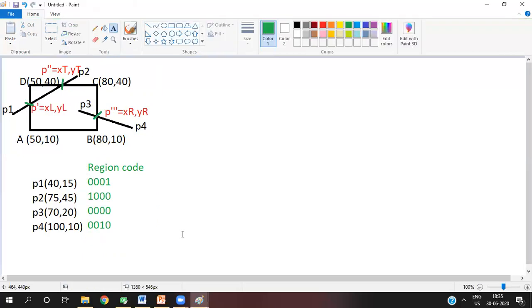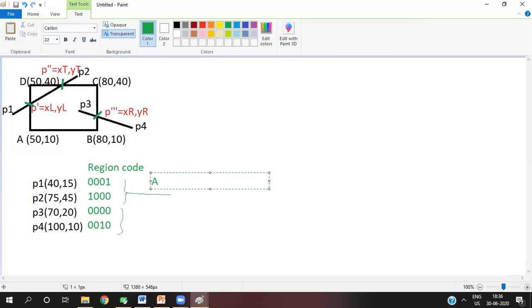For P1, P2, P3 and P4, perform the ANDing of these two, P3, P4, P1, P2. Okay, here is the AND.